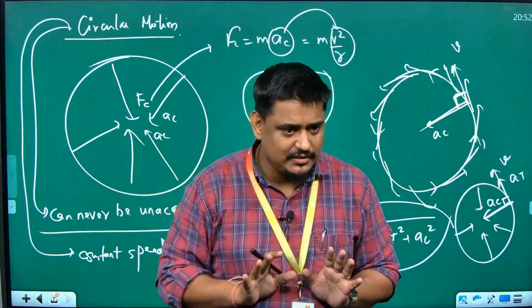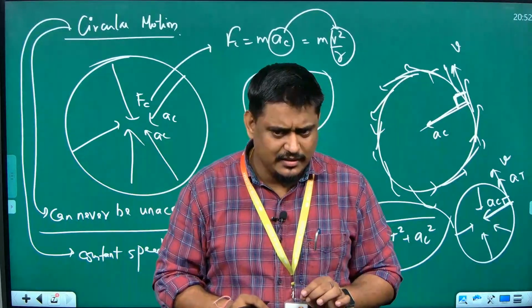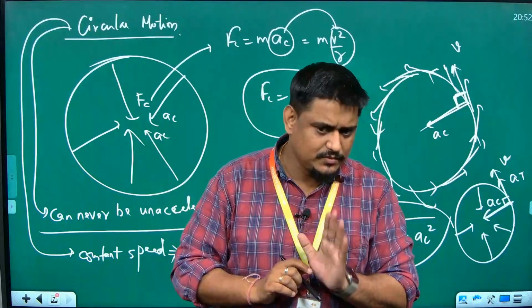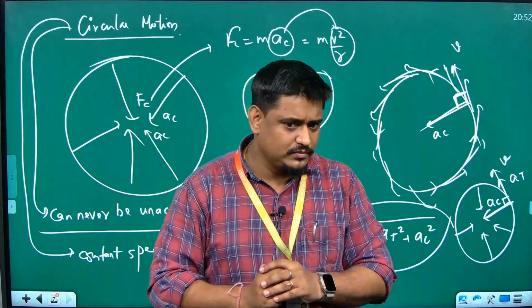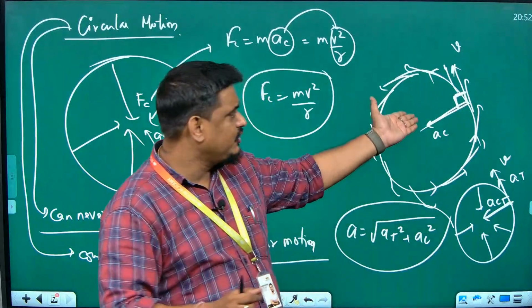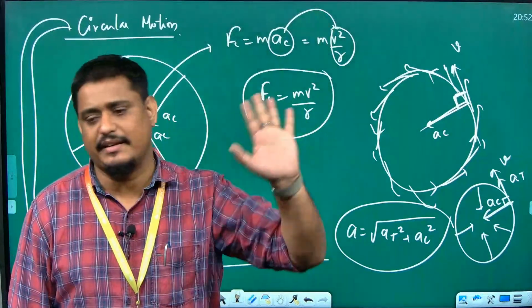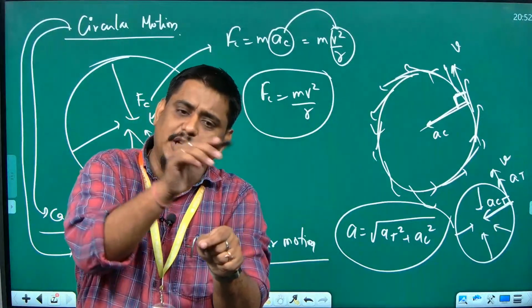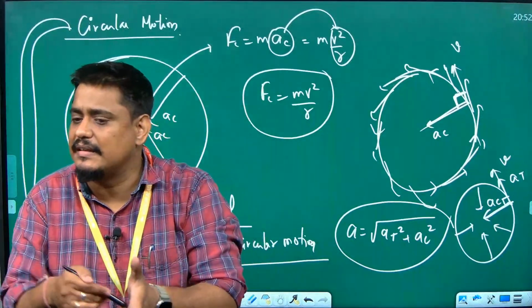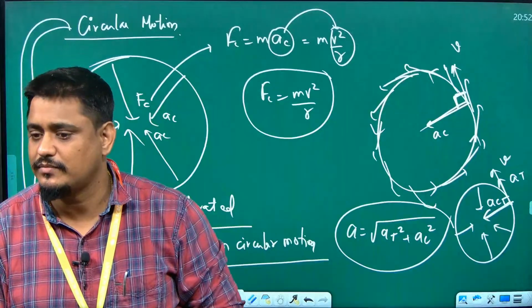These things are clear? These theories are clear? Only in non-uniform motion does the acceleration act towards the center? No, even if it is uniform, it will act. Centripetal acceleration is acting everywhere. The moment an object starts taking a circular path, centripetal acceleration starts acting, always.